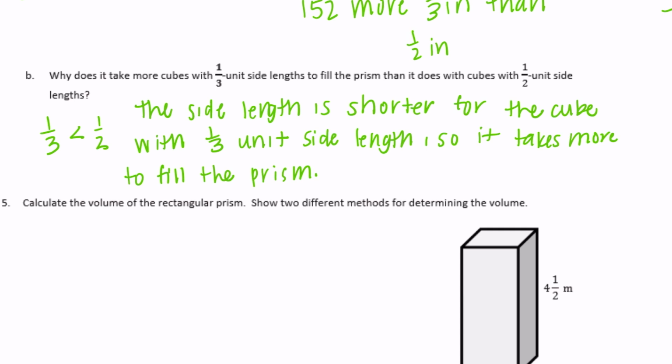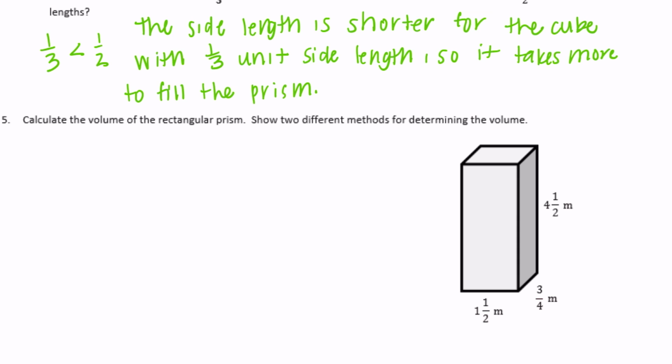Number 5, calculate the volume of the rectangular prism. Show 2 different methods for determining the volume. Okay, so first method, I'm just going to go the traditional route. So 1 1/2 times 3/4 times 4 1/2. So method 1, 1 1/2 meters times 3/4 meters times 4 1/2 meters.